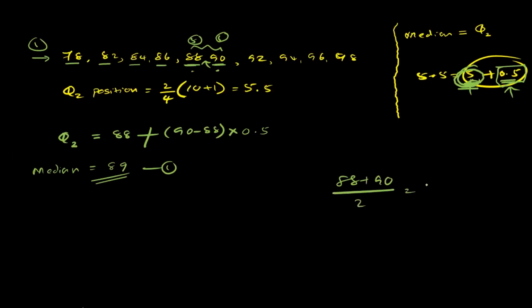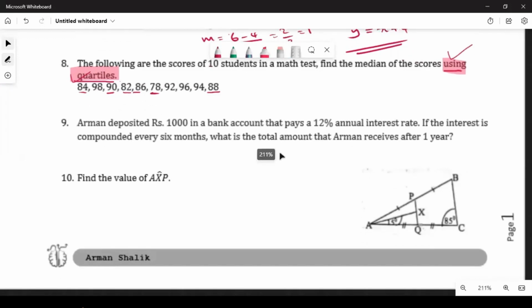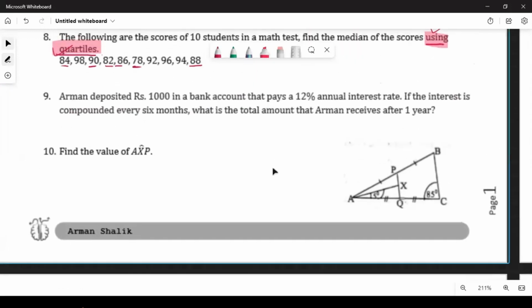Adding that and dividing by 2 also will give you the value 89, the median. Correct. But in this question, if you do it in that way, you will lose marks. You will not get any marks. Why? In the question, they advise you to find the value using quartiles. The method they have suggested, you have to use that method only, then only you will get total marks. Hope it's clear.